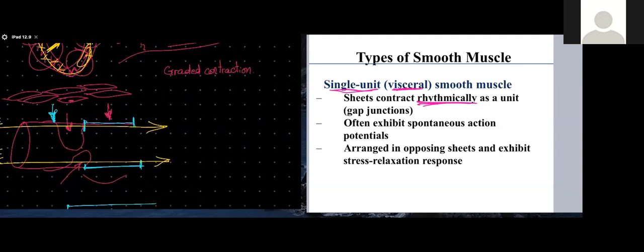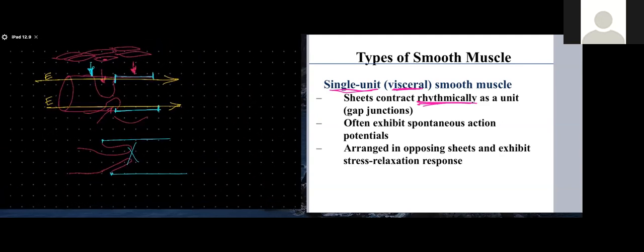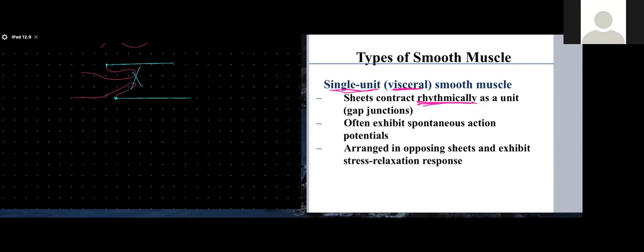So this is the same concept in the single unit smooth muscles. You need all the smooth muscles to receive the signal at the same time. And if you remember, back when we studied the cells, there is a type of cell junction that allows free communication between adjacent cells.